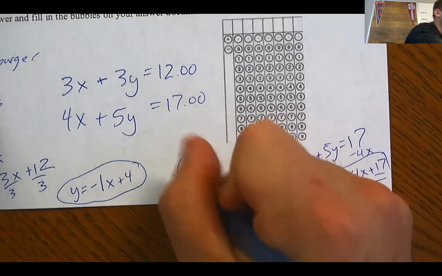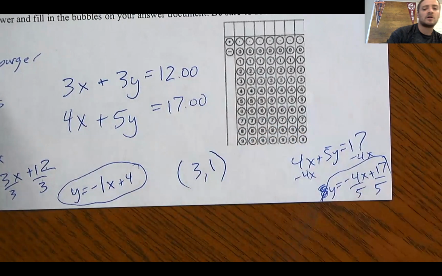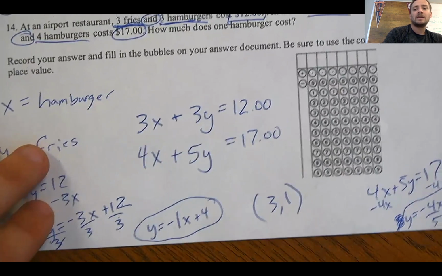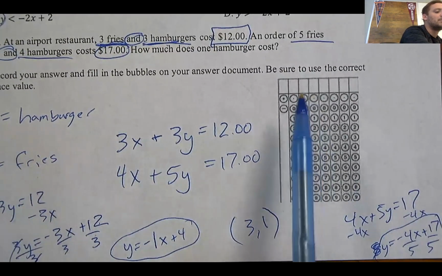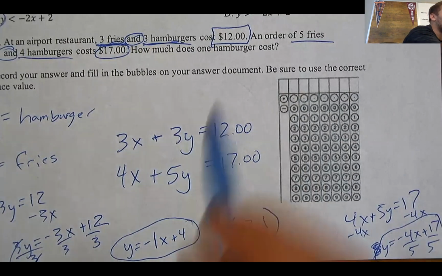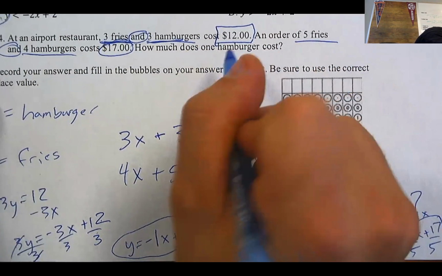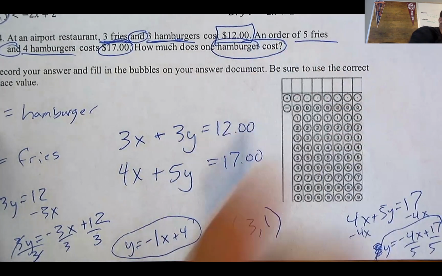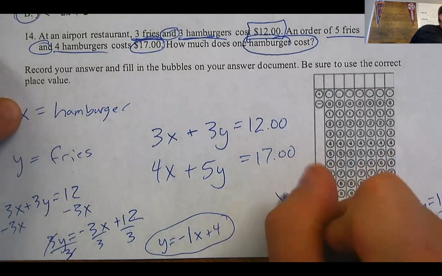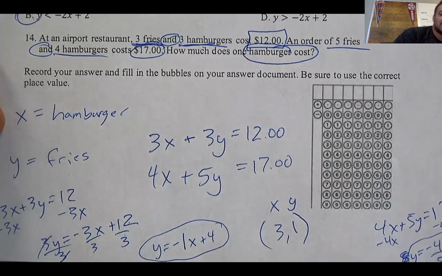So what is the solution to this system? They cross at the point (3, 1). Now, guys, this is where we need to be really careful, because they don't want me to put an ordered pair into the box. What did they ask for? They asked for how much a hamburger is. If you look back, hamburger is our x value.